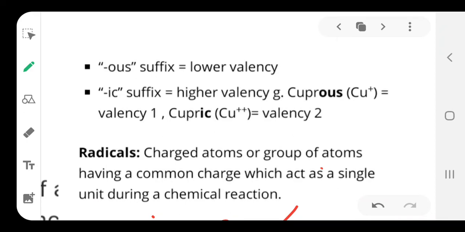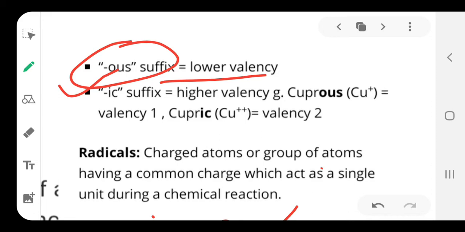So if the valency is lower, then the name ends with OUS. Okay, so if copper has two valencies, that is +1 and +2. If it has a valency +1, then we call it cuprous. You can see the name here.